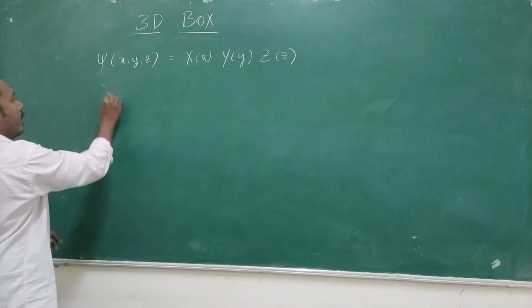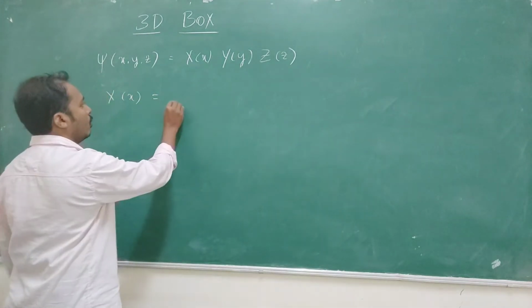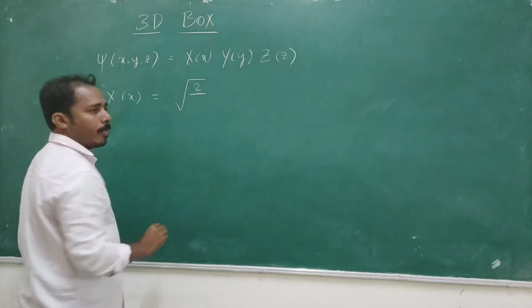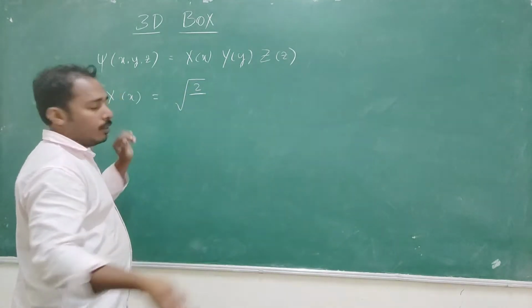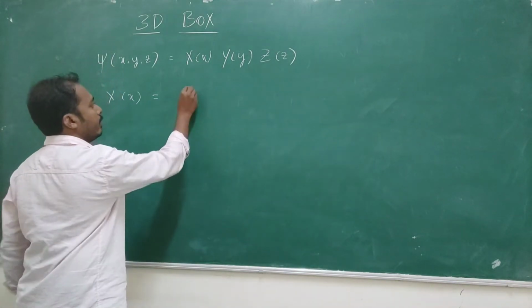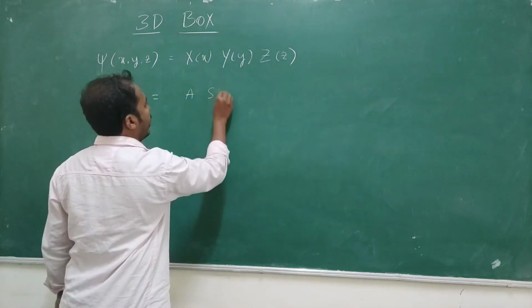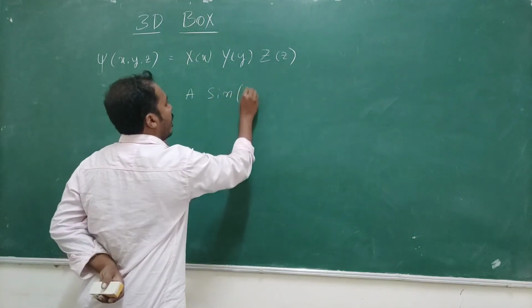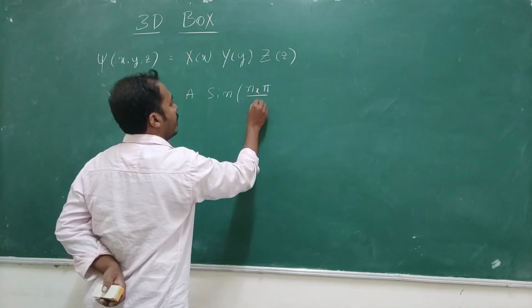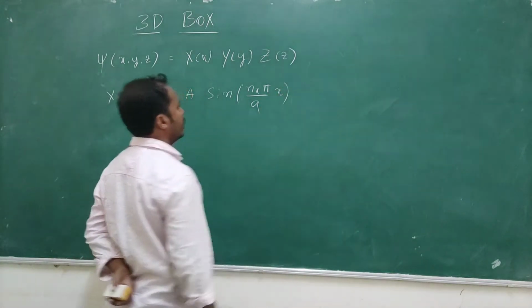So X(x) is equal to root 2 by a into sin of n_x pi divided by a into x.